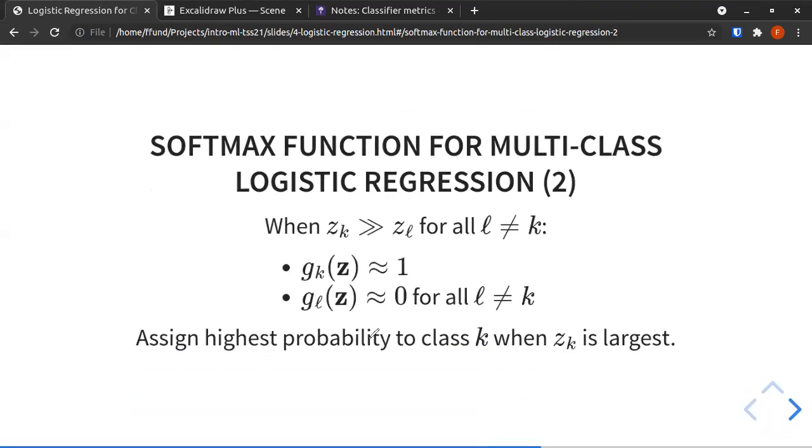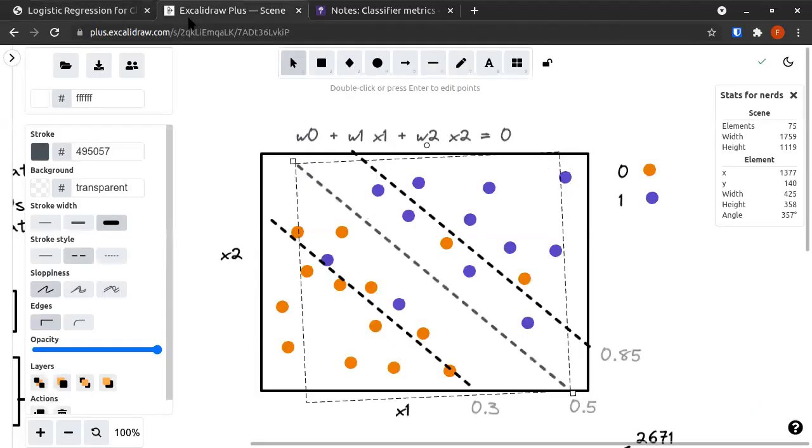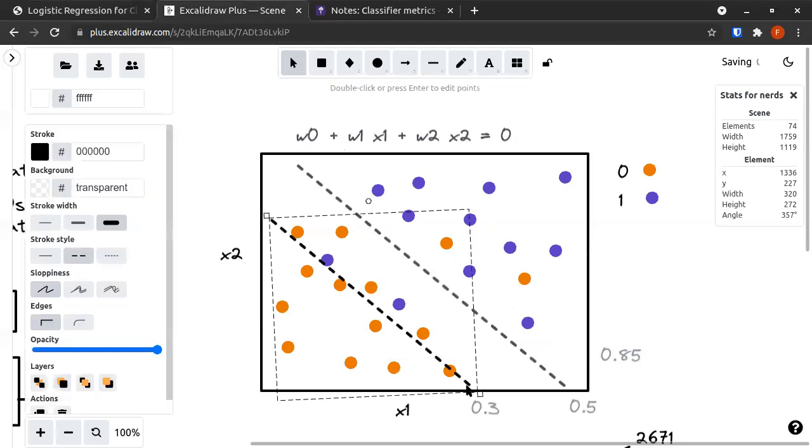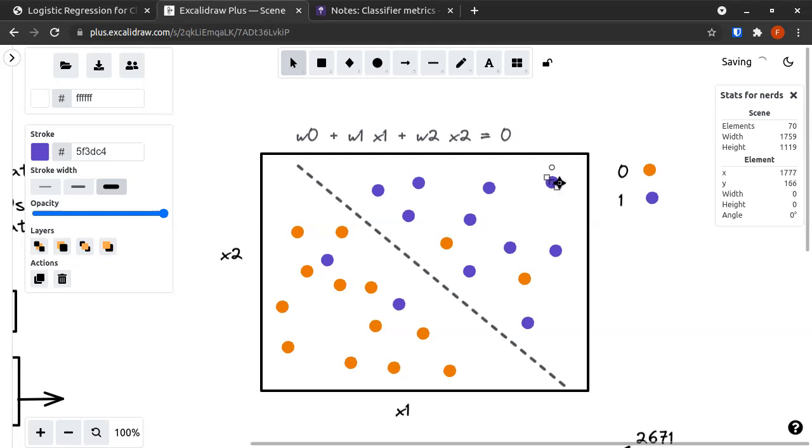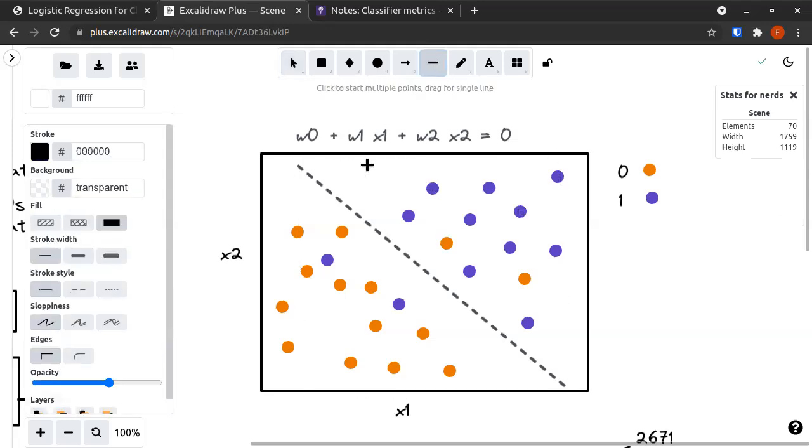And in general, if we have one z that's, let's say, much larger than the others, so this is for multi-class classification, but we'll look at it in the binary example because that's easier for me to draw. Okay. So let me draw a different one.